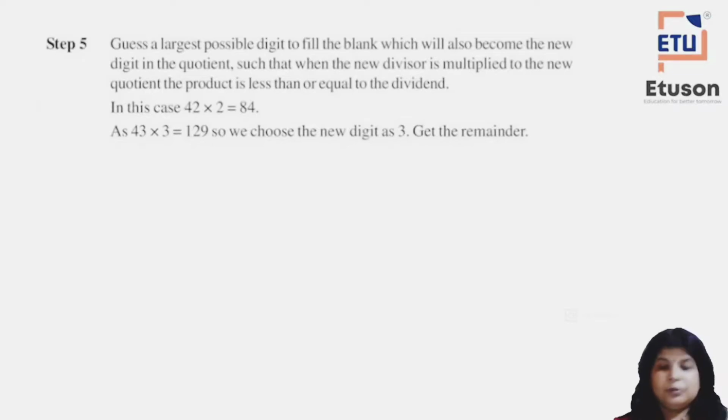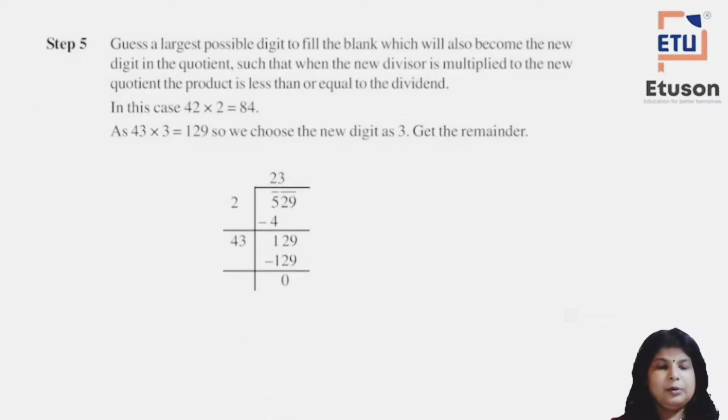Okay, so let us understand this. So now you had a blank adjacent to 4. Now we have selected this 3. Why have we selected this 3? Because whatever number you have selected here, the same number will be written in the quotient also.